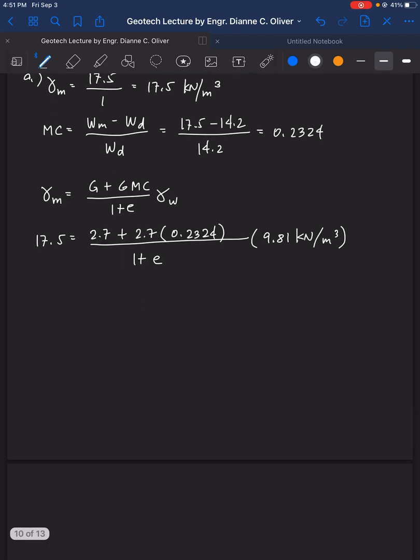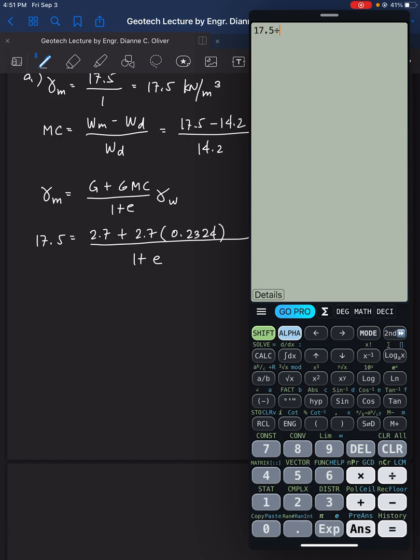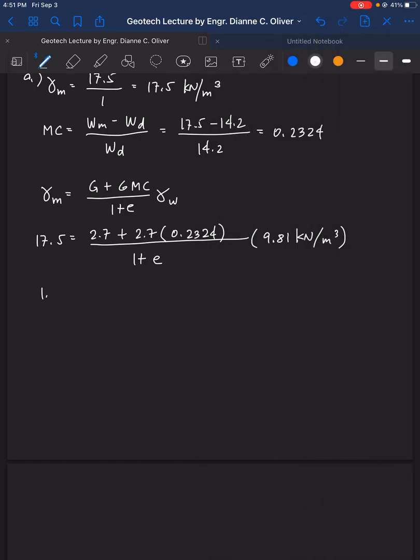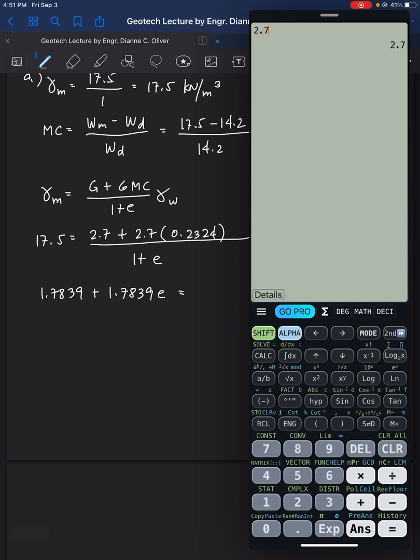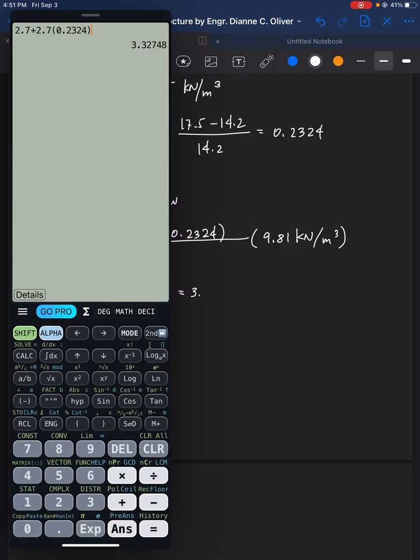Okay, so what is 17.5 divided by 9.81? 1.7839. So 1.7839 E equals 2.7 plus 2.7 times 0.2324. So that is 3.3275.